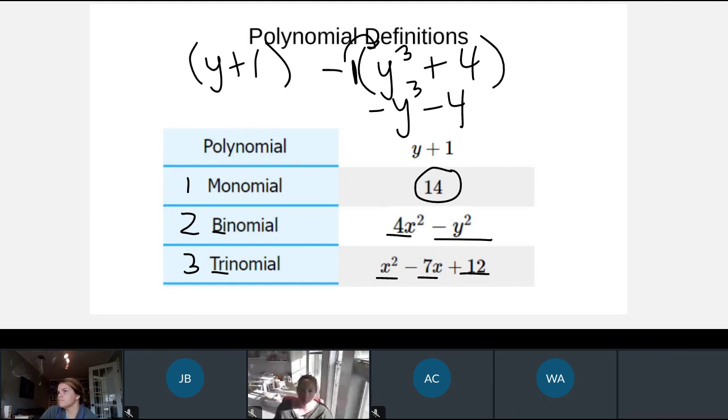It doesn't get the 1? It technically does get the 1. We just don't normally write it out. But if you wanted to write -1 y to the third, that's totally fine. You just won't see that 1 in front of your variable, and you won't see that on the STAR test, but it's not wrong if you put it. Good question.